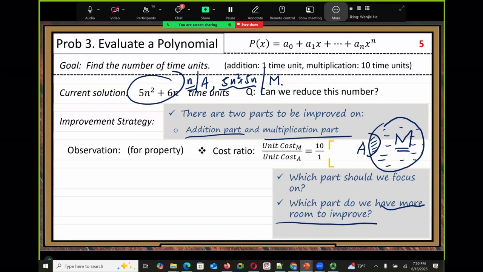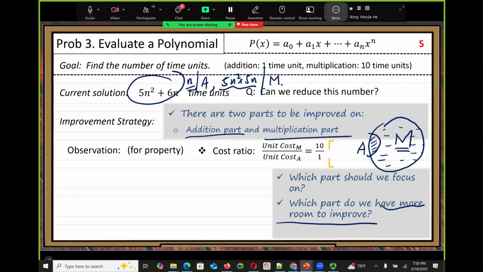Now, you want to reduce the total number of units. Which part do you want to put your limited resource on? Do you want to reduce the addition part, or the multiplication part?